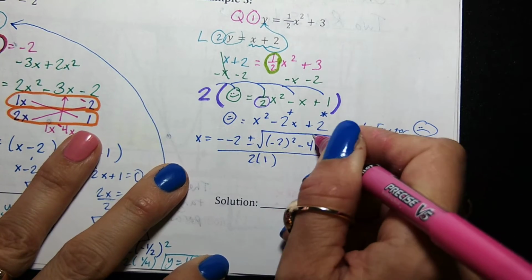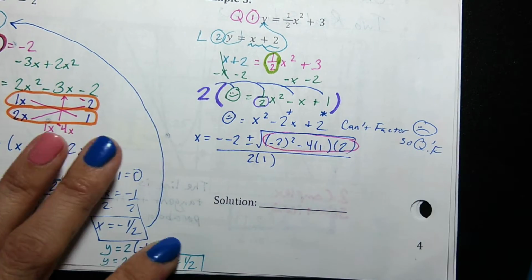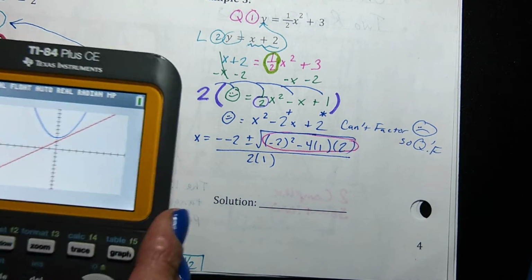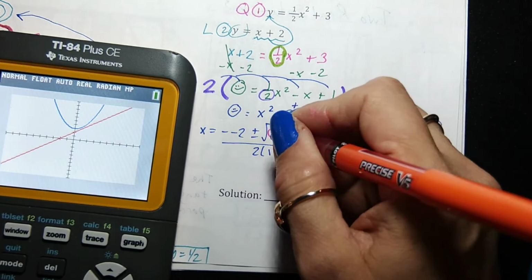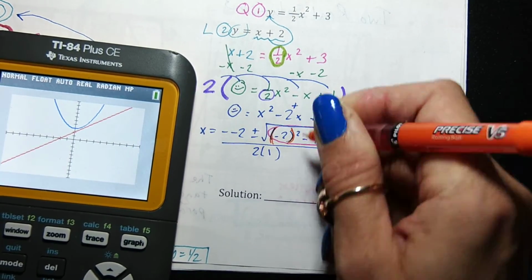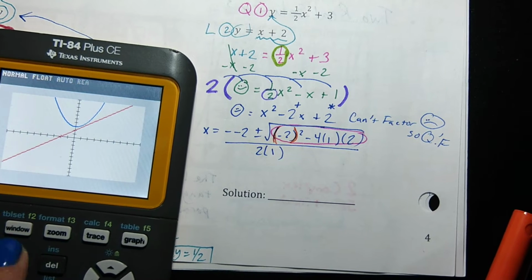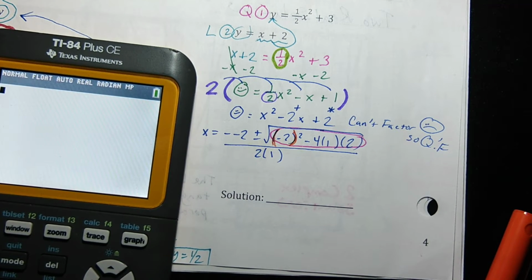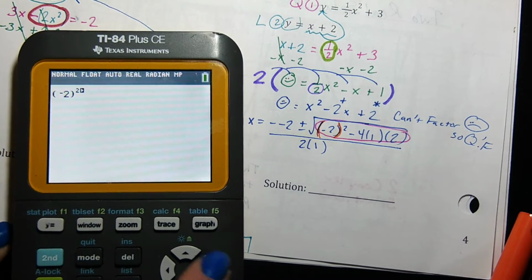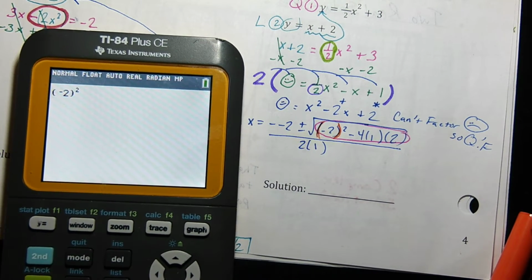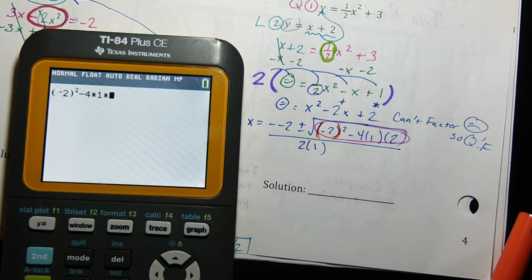We start by finding the discriminant or simplifying under the square root. Notice that these parentheses are important because when I square -2, we get 4. So you can either type that in as parentheses -2 squared, or you can just type in the number 4, and then minus 4 times 1 times 2.